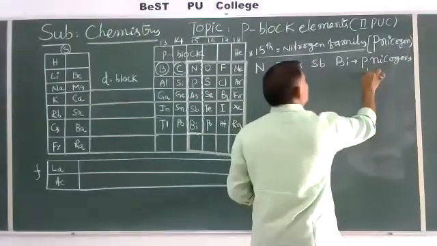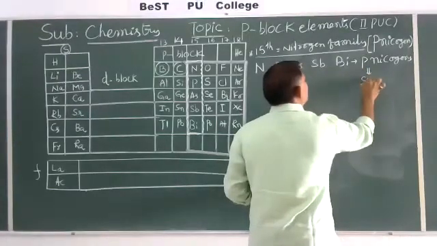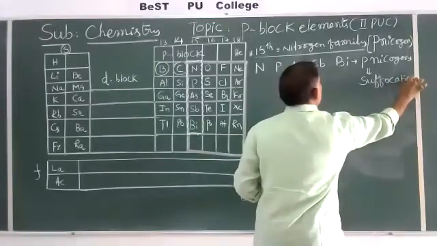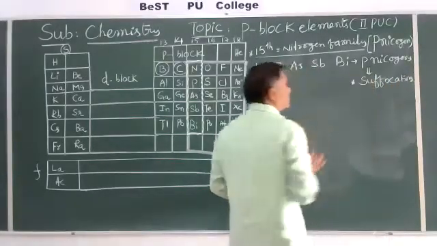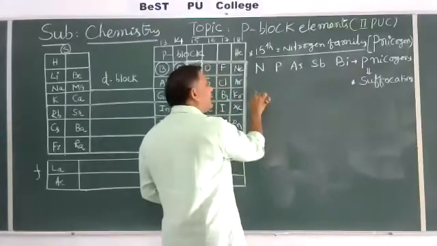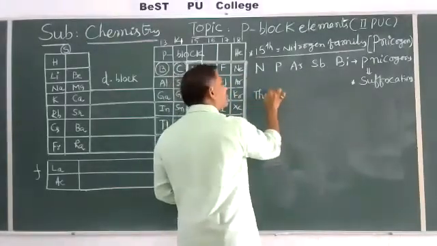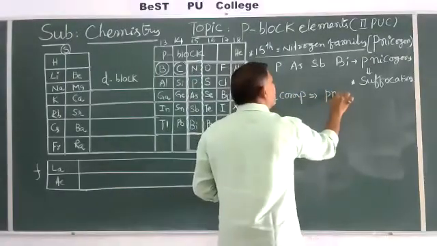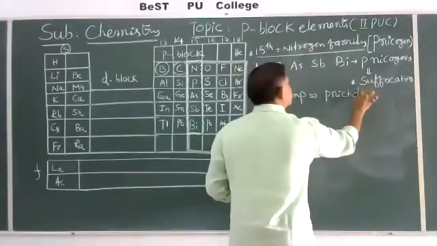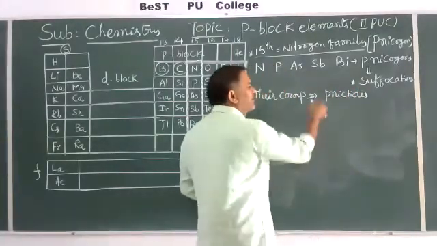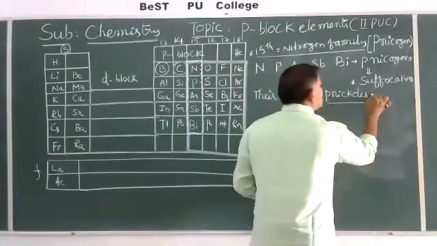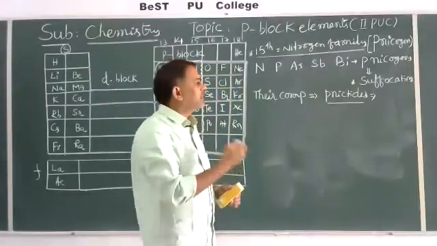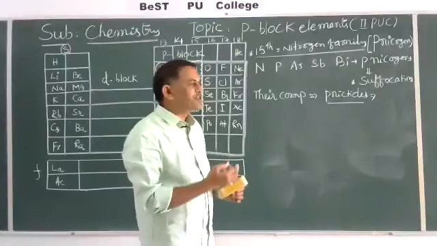These generally create suffocation, or are suffocating compounds, and their compounds are called pnictides. The p is silent, because these compounds create suffocation and it creates some pressure.